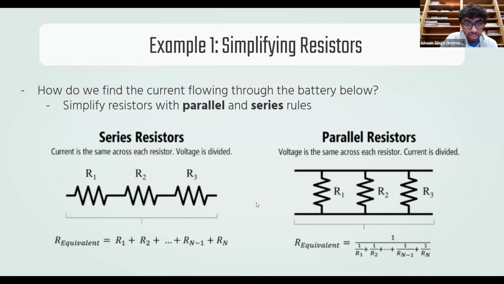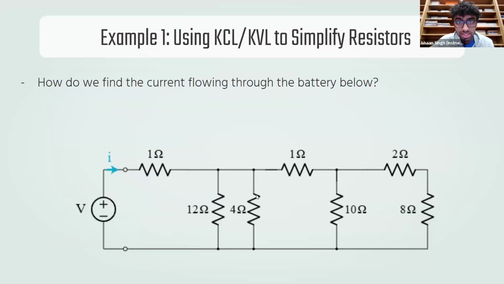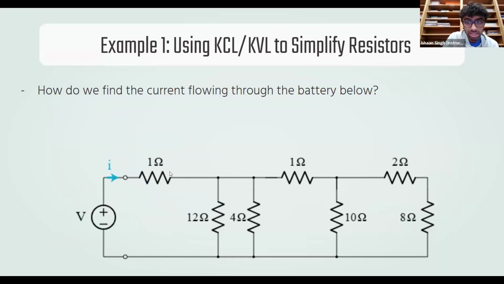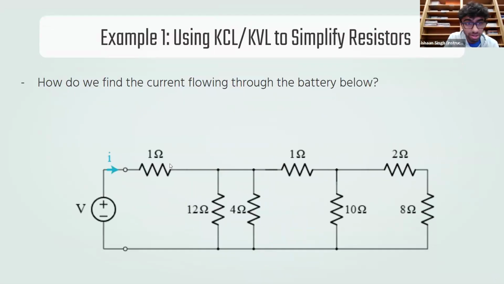So if we're looking at this series of resistors, the sequence of resistors right here, this is quite nasty, okay? And so this is not at all easy to look at. We can't just immediately say, I know what the current is, like in the previous circuits that we had, where we just had a single battery and a single resistor, just V over R, we get the current, we're done.